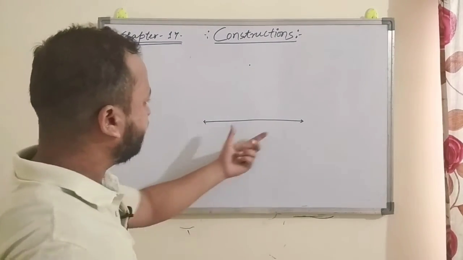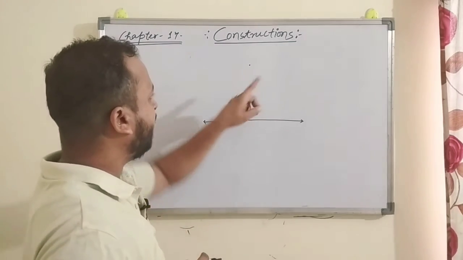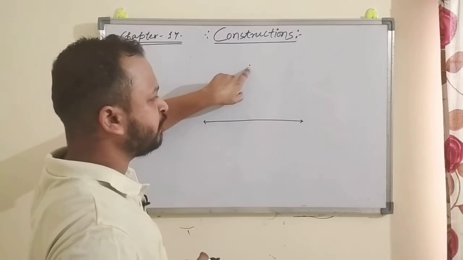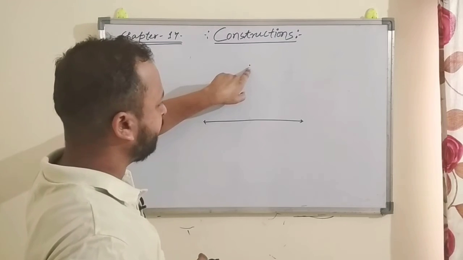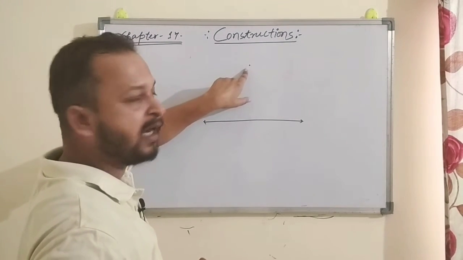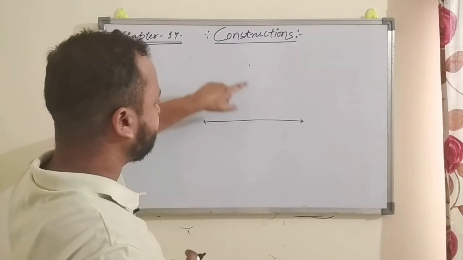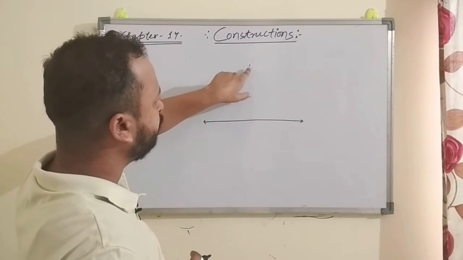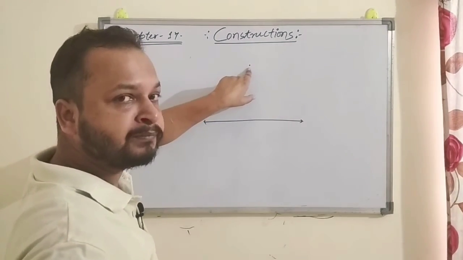Means this is the line and this is a point which does not lie on the line, above the line or below the line, right? We have to construct a line or draw a line which is parallel to this line and passing through this particular point.